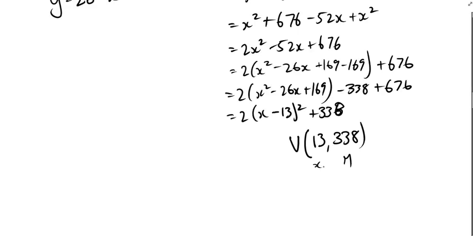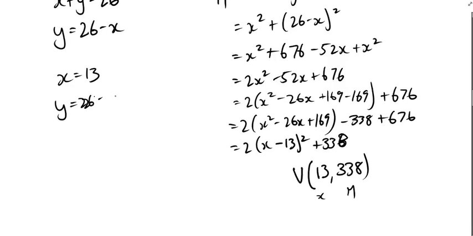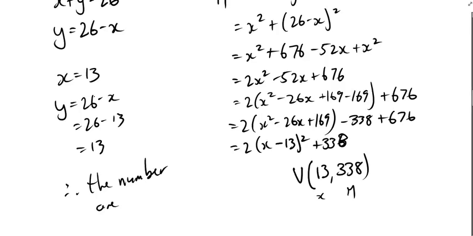And this is my x. So x equals 13. Y, remember, is 26 minus x, which is 26 minus 13, which is 13. Therefore, the numbers are 13 and 13.